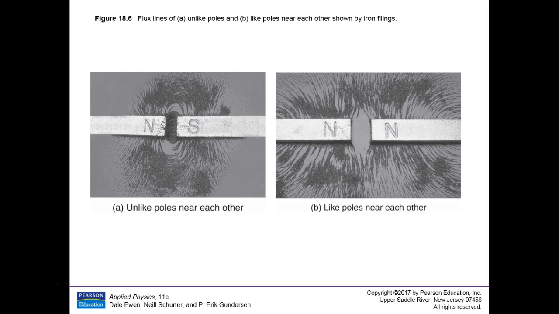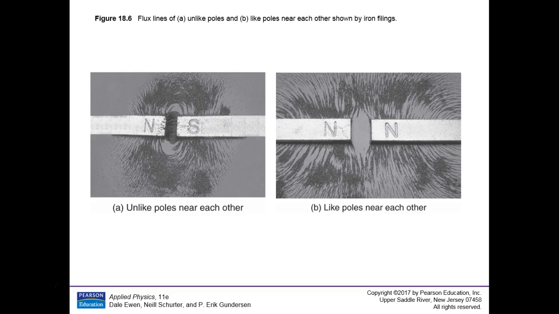And if you put a bar magnet underneath a piece of clear vellum or something like that that's pretty thin, and then sprinkle iron filings on top of the vellum, look at that. The iron filings line up just like we visualize field lines. And that's what the iron filings are doing here.